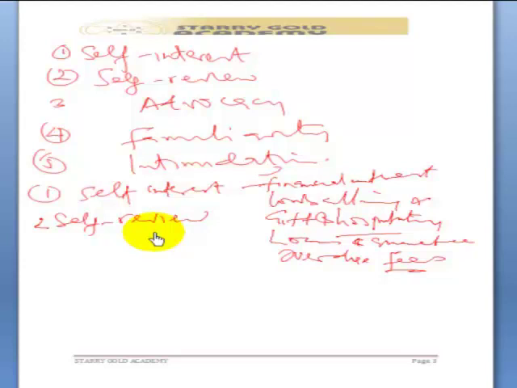It becomes a self-review. What are the safeguards against a self-review threat? If you have a member of staff that is seconded from the audit firm to the client, they must not be part of the audit team. And if you are involved in installation or maintenance of IT application hardware for them, then the people involved in the installation must be different from the people that will perform the audit.